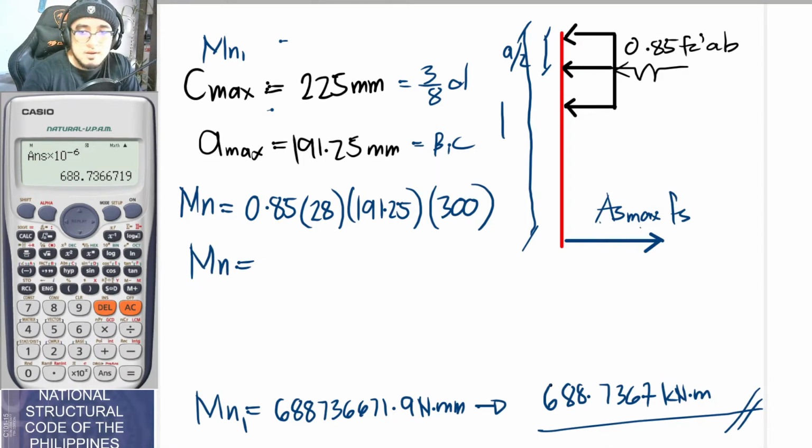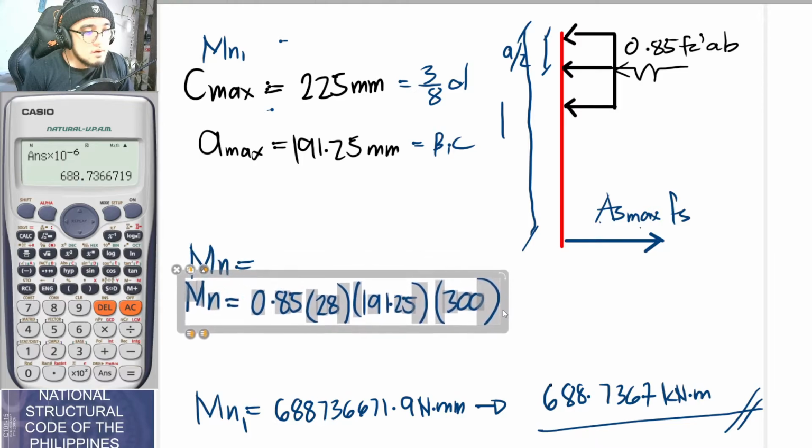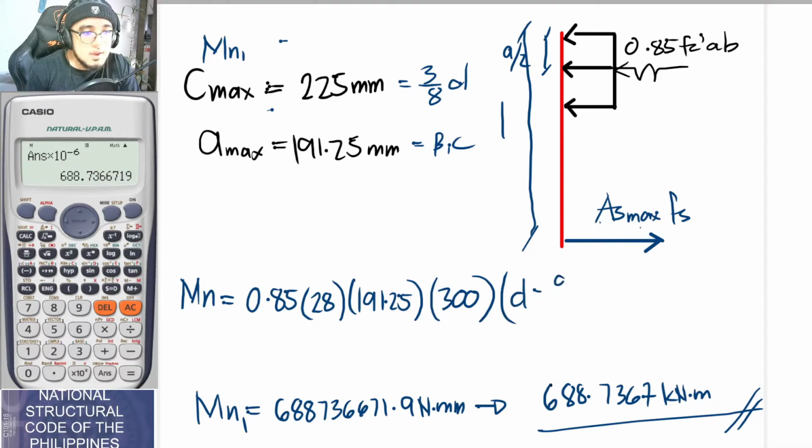So looking at the calculator once again. By the way, that is still incomplete. We still do not have our lever arm, so I would just be moving it here. Times our lever arm, and our lever arm is d minus a over 2. Our d is equal to 600. So 600 minus a over 2, 191.25 divided by 2.